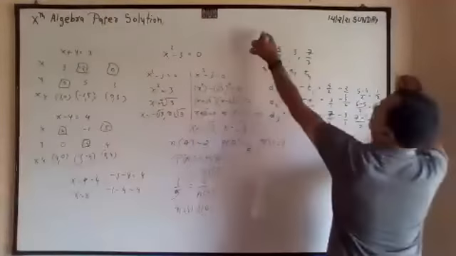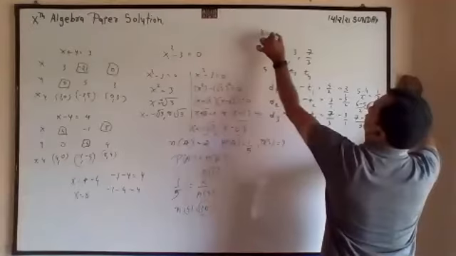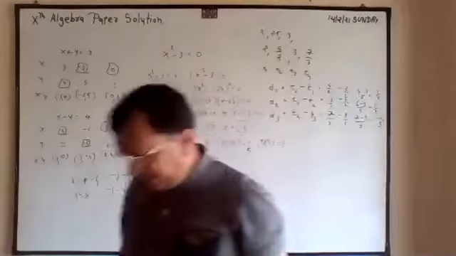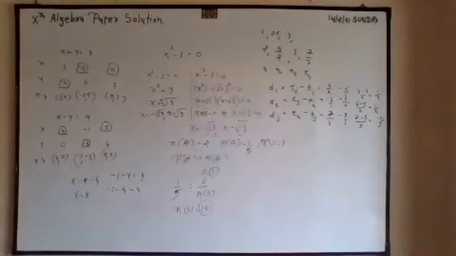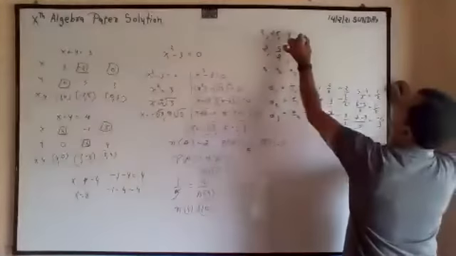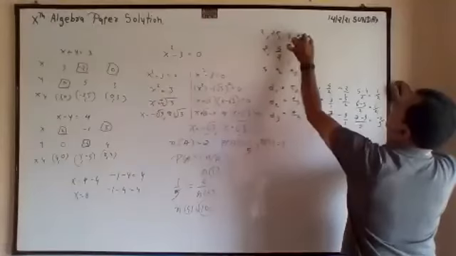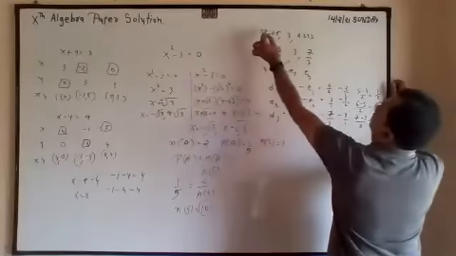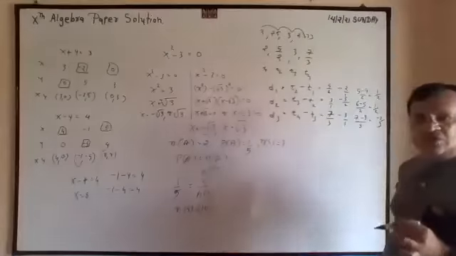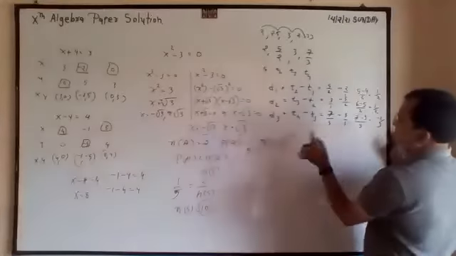Or you can say 2, 5 by 2 means 2.5, 3 by 2 they have given, 7 by 3 they have given. So it is 2.3333. See, it is increasing, then decreasing. So all are not equal.